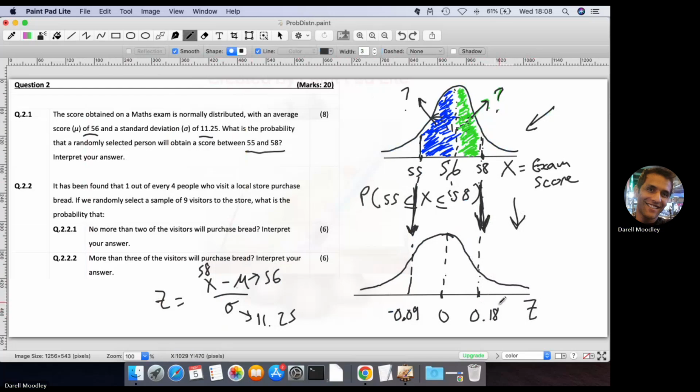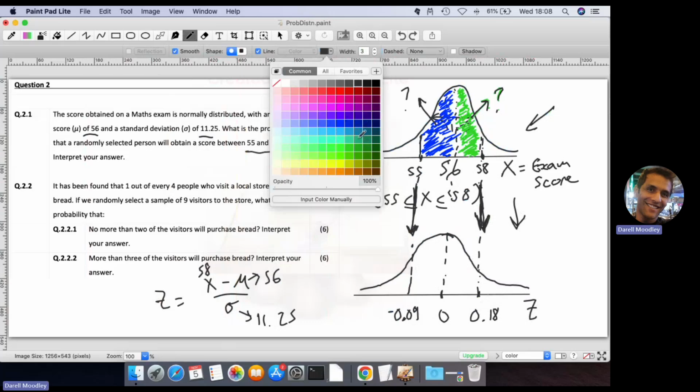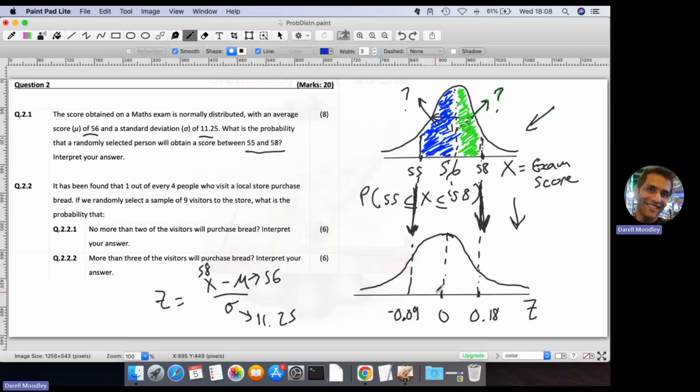So we know what the equivalent z values are, and now we need to work out the same area that was given above, the shaded region. The blue region here is exactly the same size as the blue region above, and the green region is the same as above as well.